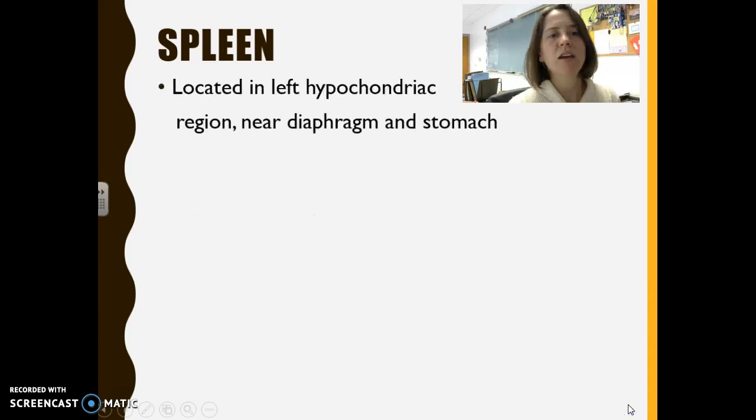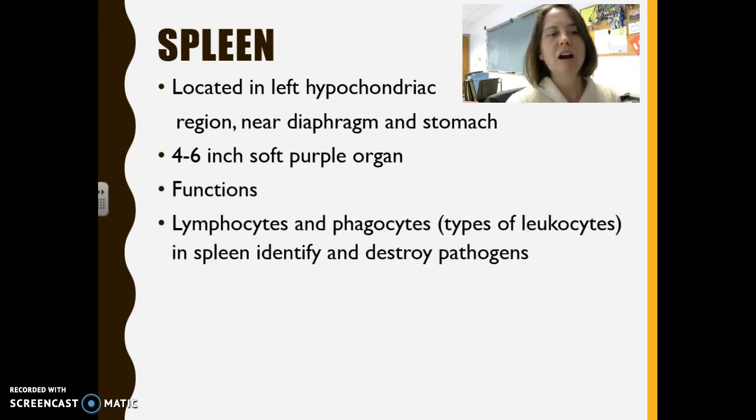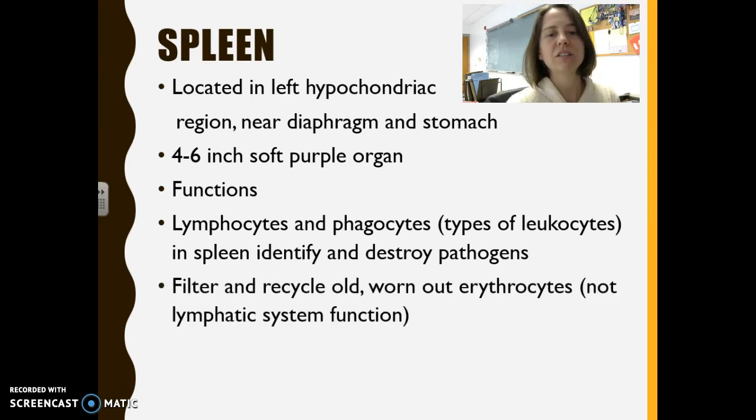It is located in the left hypochondriac region of your abdomen, if you can remember your terms from chapter 1, near your diaphragm and stomach. It is a 4 to 6 inch soft purple organ, and the functions of the spleen are lymphocytes and phagocytes, which are types of leukocytes, white blood cells, in the spleen will identify and destroy pathogens.